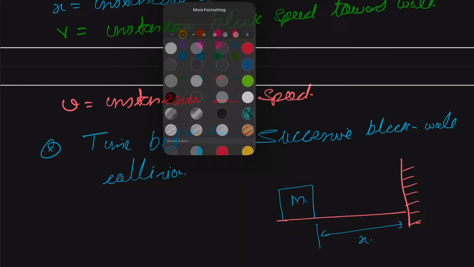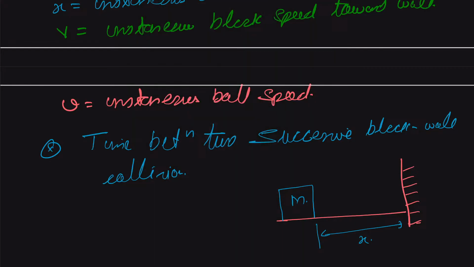Between two successive collisions, the ball travels towards the wall, that is one time x, and then comes back, so that will be 2x. So the distance traveled by the ball will be equal to 2x.